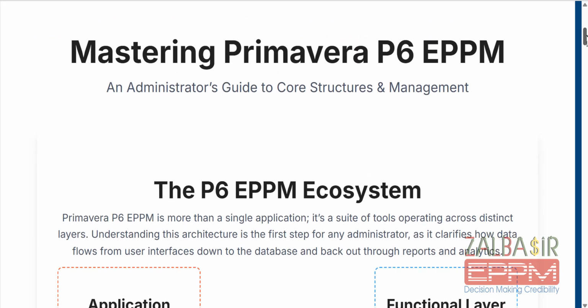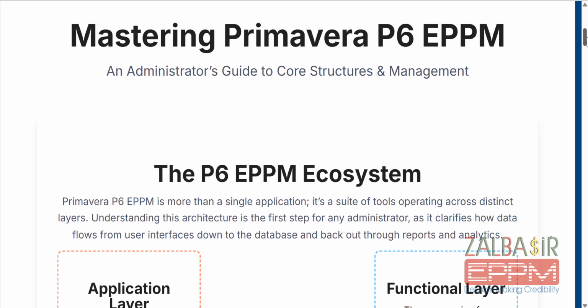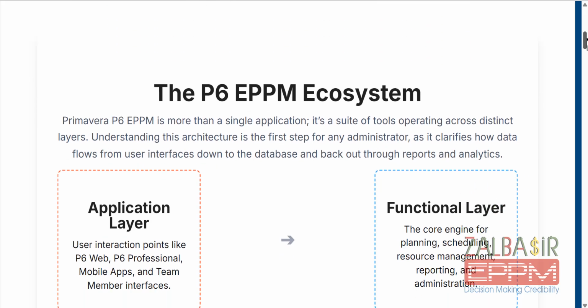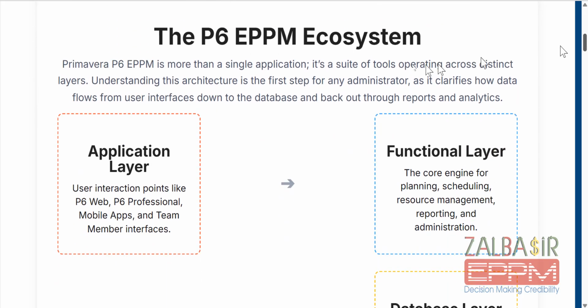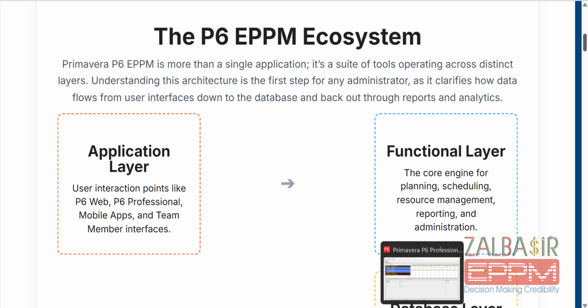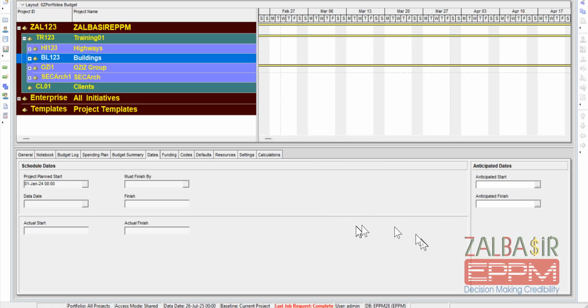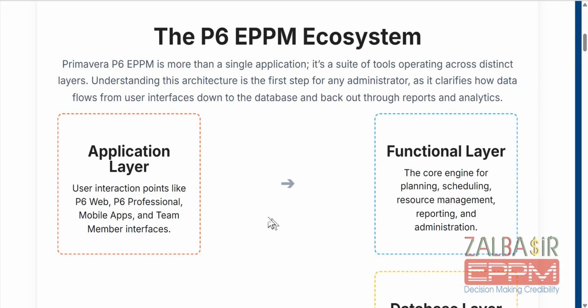Actually, I made two. The first one is about mastering Primavera P6 EPPM and what the main ecosystem inside it is. You have the application layer, which is P6 Professional, which we work in here, and also PM Web, mobile app, and team members.